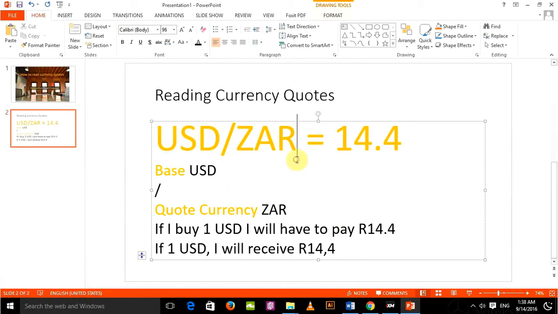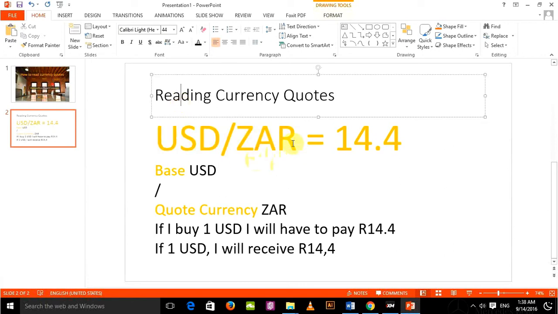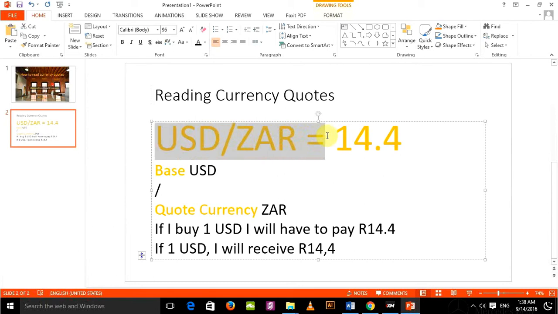Similarly, when you're saying that I'm buying the USD ZAR pair, you are buying the base currency, but you are using the quote currency to pay. So I'm taking USD at the store, but I'm paying the quote price, which is your ZAR, your 14.4 ZAR.